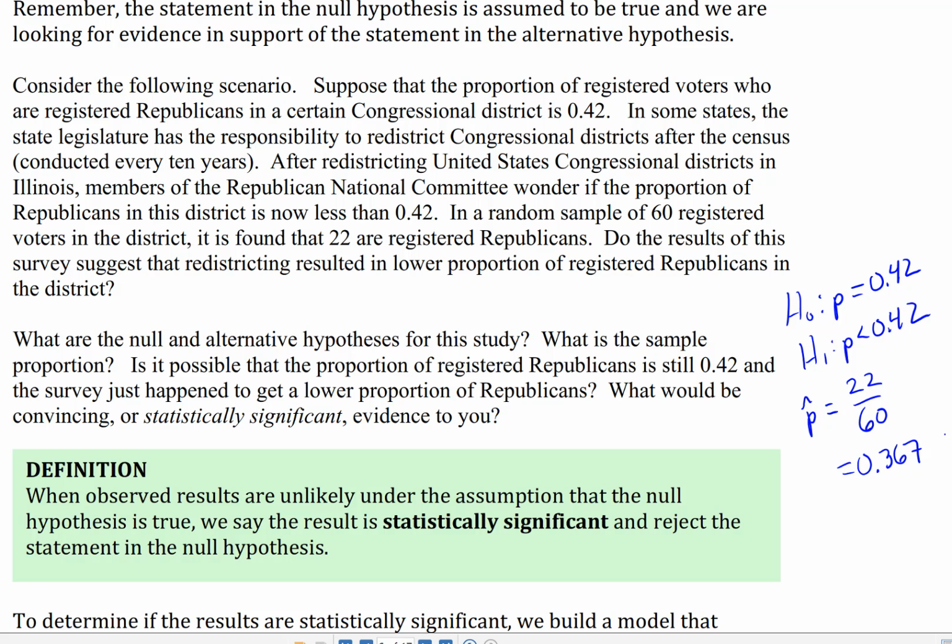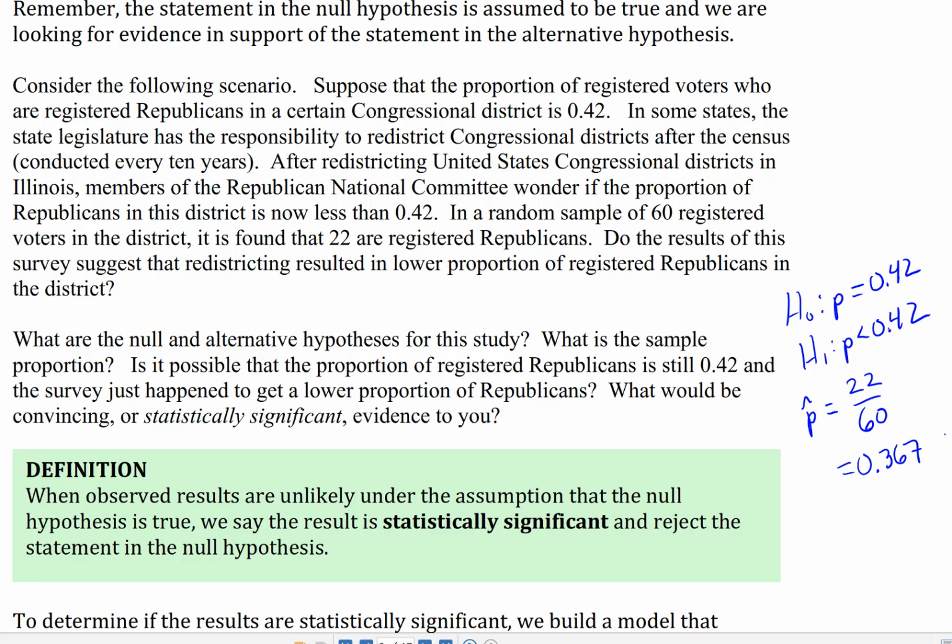And so what we want to do is figure out whether or not the observed results, namely 22 out of 60 registered Republicans, is unlikely under the assumption the statement in the null is true, under the assumption the population proportion is 0.42. If the results are in fact unlikely, then we have what's called statistically significant results, and we reject the statement in the null hypothesis.